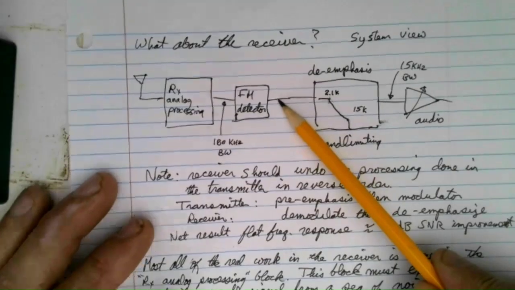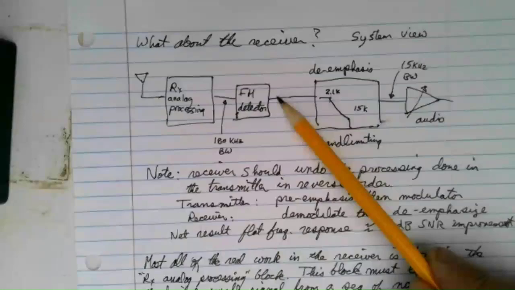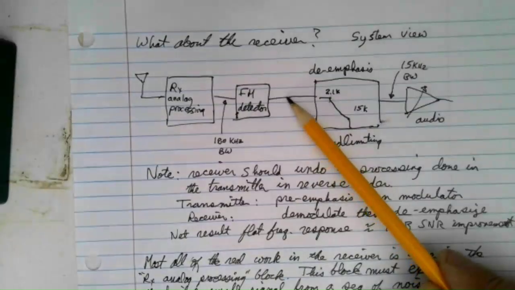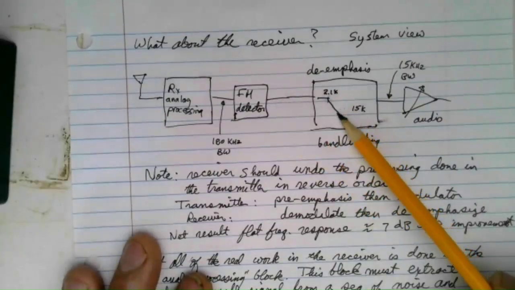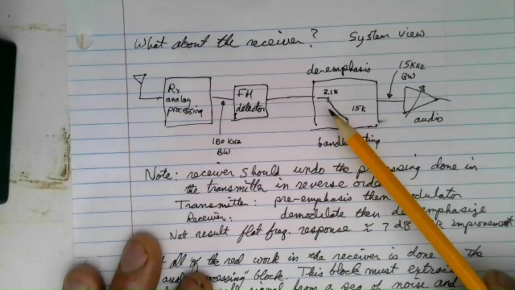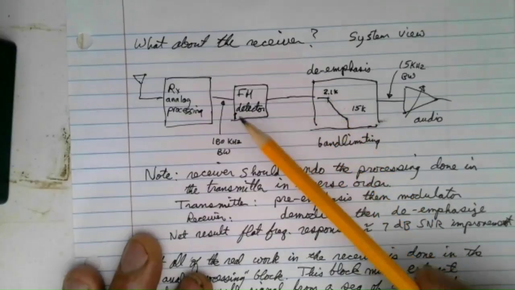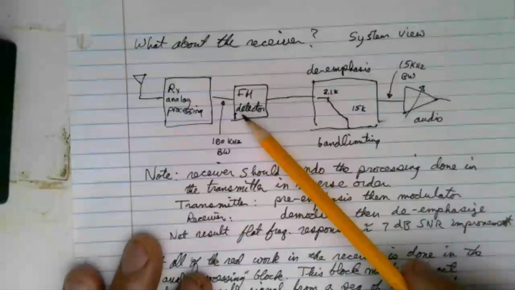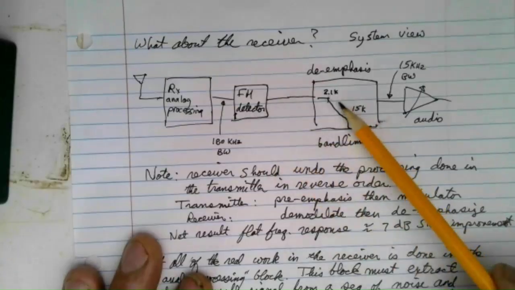Now we're audio. We recovered our audio and noise, of course. And now we go into our de-emphasis block. So remember, we pre-emphasize and then FM modulate in the transmitter. In the receiver, we undo the FM modulator with the FM detector, and then we de-emphasize.